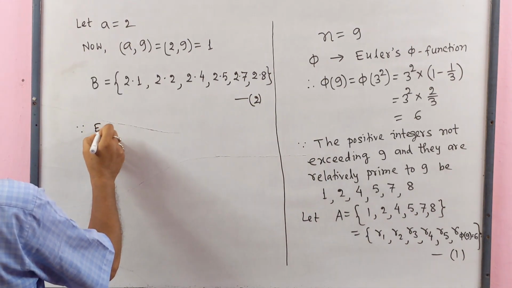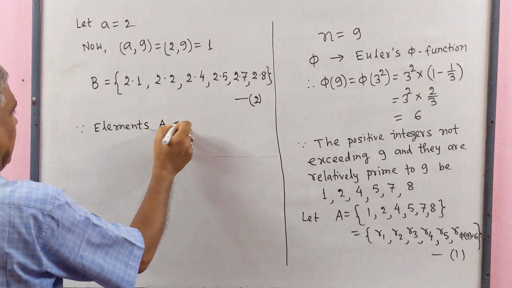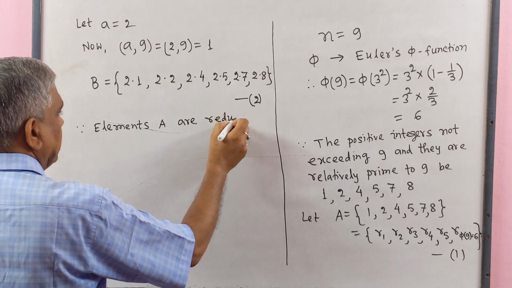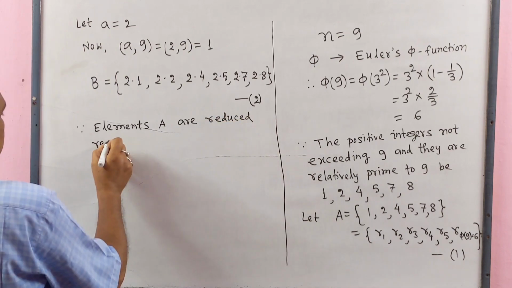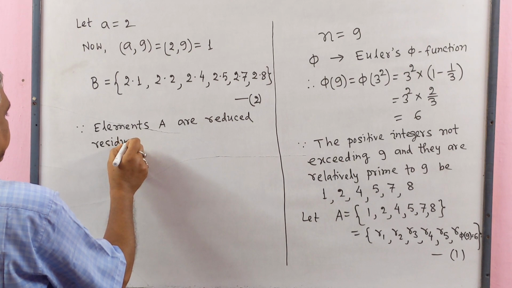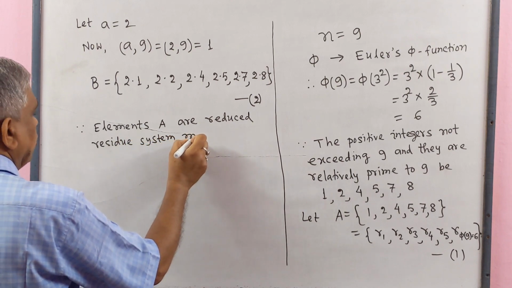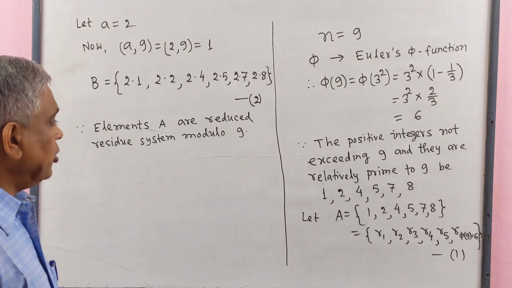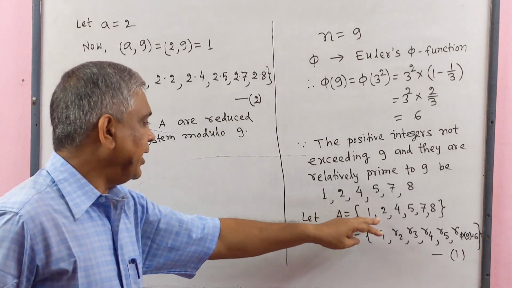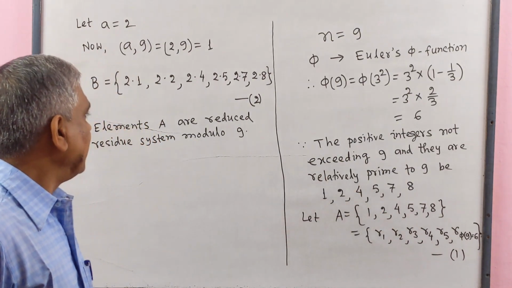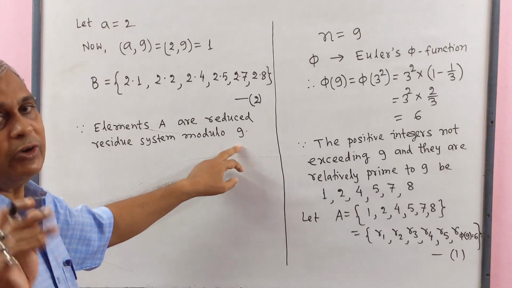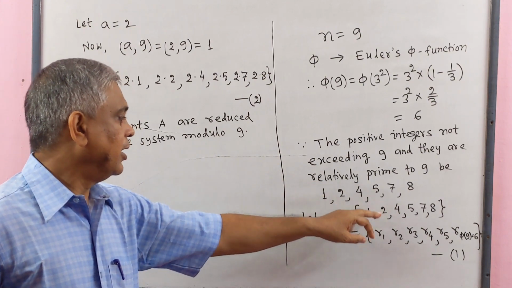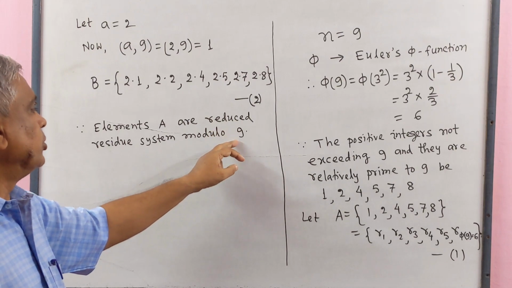Since elements of A are a reduced residue system modulo 9, because GCD of any element of A and 9 equals 1, that is, any element of A is relatively prime to 9.